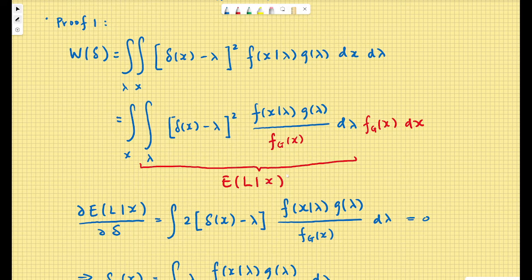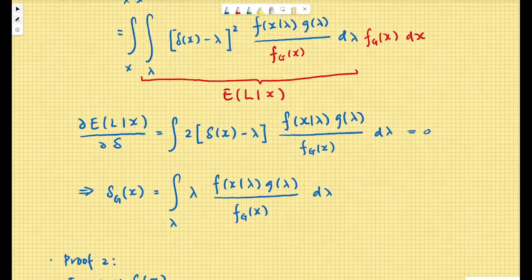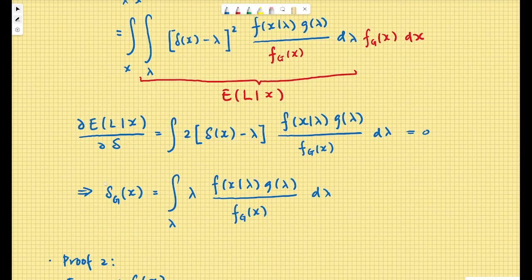Then to minimize the Bayes risk essentially means minimizing the inner integral for any given value of x. Okay, so now we consider the inner integral and take the derivative, and then we set the derivative equal to 0. Very simple. Okay, just like here, we differentiate the integral with respect to delta and then set equal to 0.